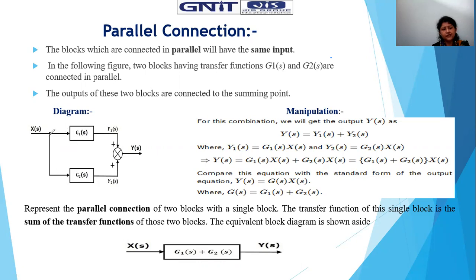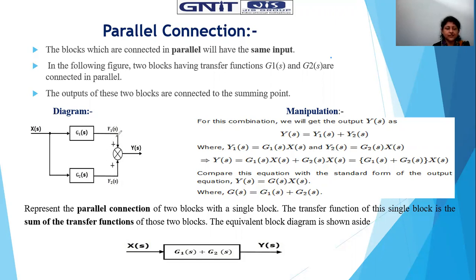I could identify, as you know, that the takeoff point is the point where the same signal will be branching off into different subsystems. It is going towards the subsystem G1 as well as G2. So the same signal is at the input of G1 as well as G2. Then the output will be the combination of these two with the phase consideration.